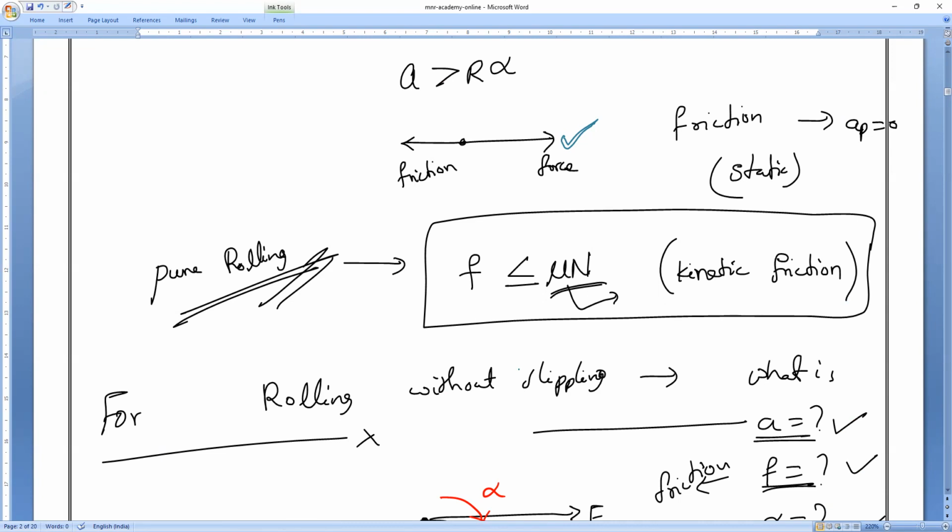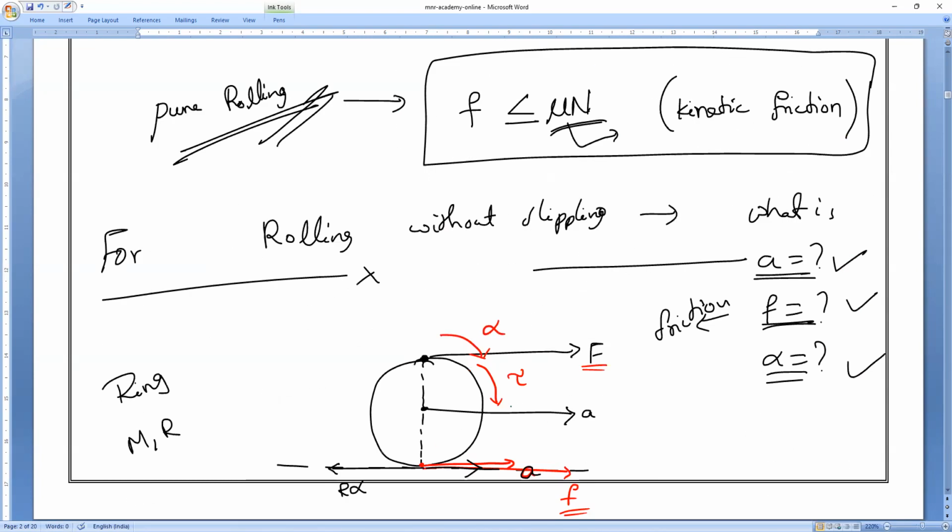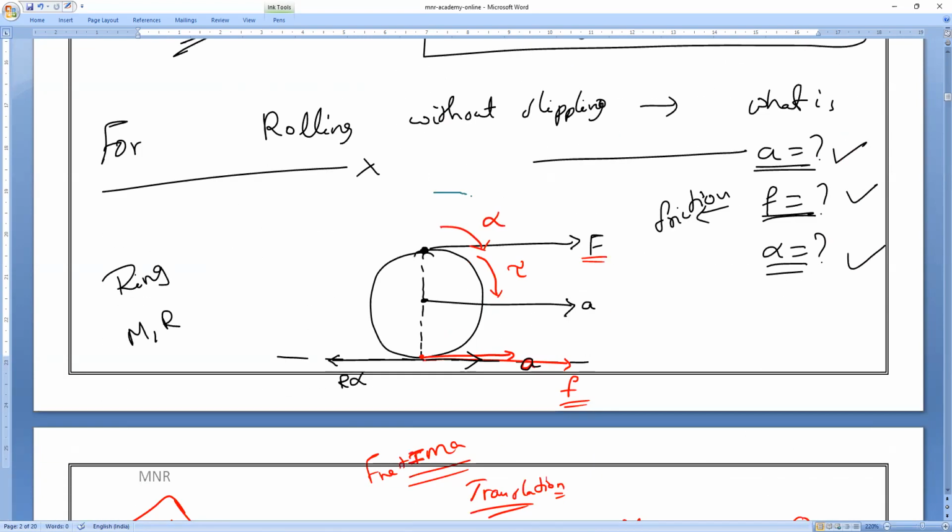Then only is it called pure rolling. That is what you have to remember. Are you clear, everybody? Whatever is opposing the angular acceleration, if the frictional force is acting that way, it is taken as negative. That is what you have to remember.